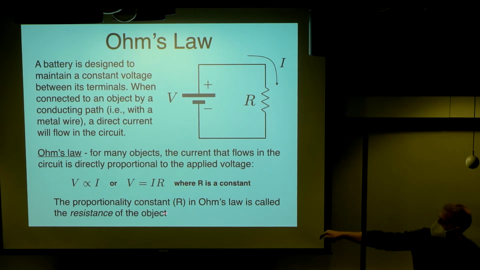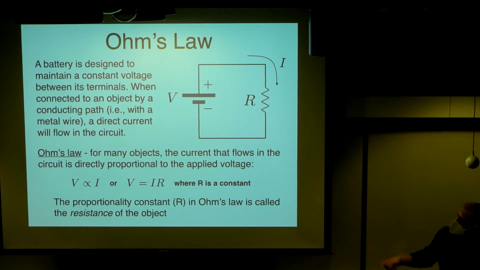It turns out this R constant is what we call the resistance of our object. And I'll show you why that's the case in a second. But one thing I want to emphasize here is not every single material follows this law, okay? Only certain types of materials do follow this law, and I'll try to make a distinction between those different types of materials, okay?